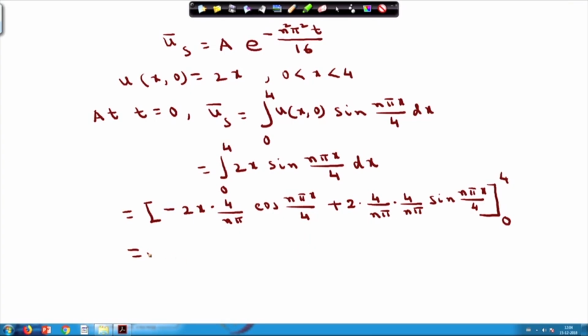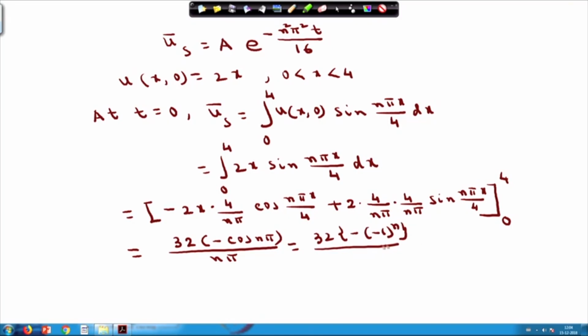If you put the limits, the value will become 32 into minus cos nπ by nπ, which is 32 into minus 1 to the power n by nπ. So, this will become (−1)^(n+1) into 32 by nπ.